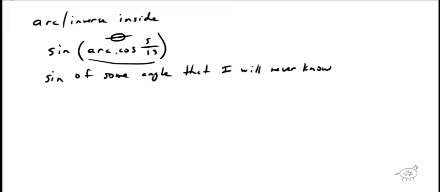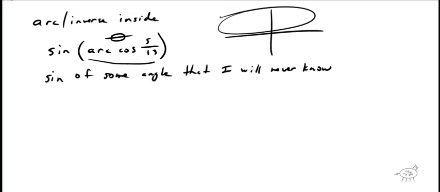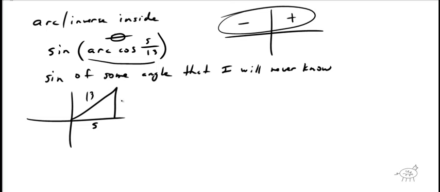So we already talked about our range chart, and we know cosine is going to be in these two quadrants. It's negative here and it's positive here. Well, this is positive here, so when I draw my picture, I'm going to draw it in the first quadrant. So we know cosine is x over r, so 5, 13, and then of course this is a 5, 12, 13 triangle. And then this is my theta. So I don't know what that angle is, but I know what the triangle looks like, and then I can say, what's sine of that theta?